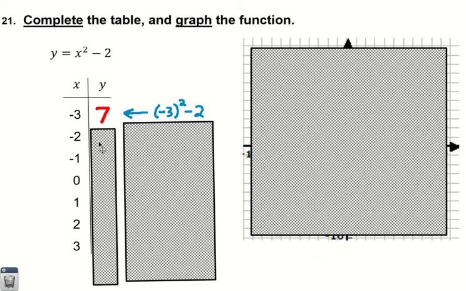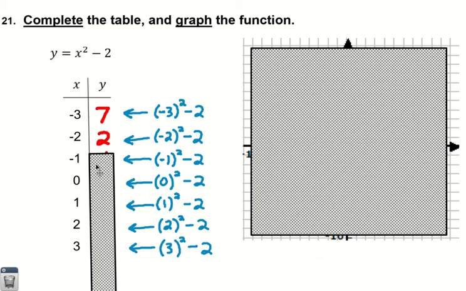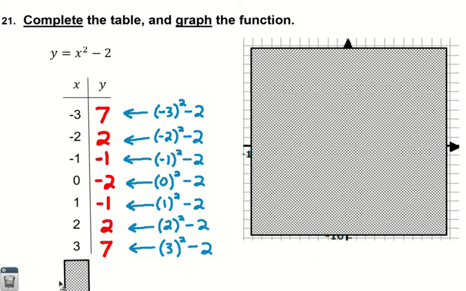Alright? So again, you're just going to be plugging in all of these different numbers for x separately to get each separate answer for y that goes with it, like so. And so again, -2 squared is +4. Minus 2 would get you a final y value of 2, and then so on and so forth.